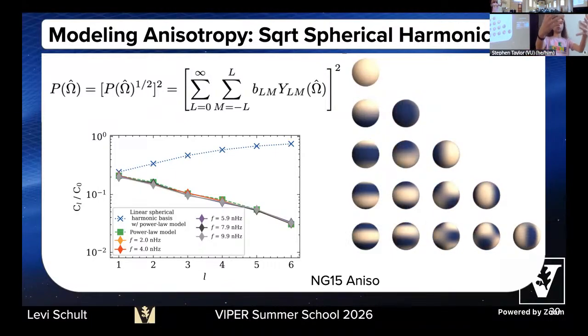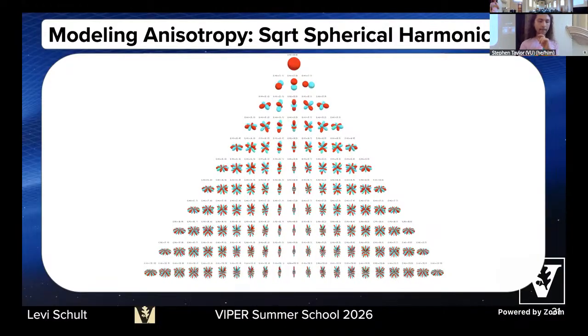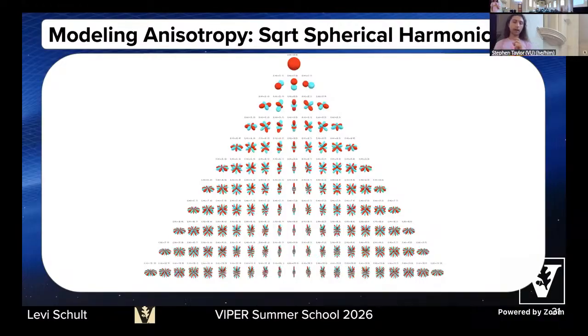And we have expectations of what this angular power spectrum should look like from a realistic population. So this gives us a way to look at our spherical harmonic results and compare them with what we expect for realistic populations. And I'll show that in a little bit. Again, it starts to really balloon the number of parameters.